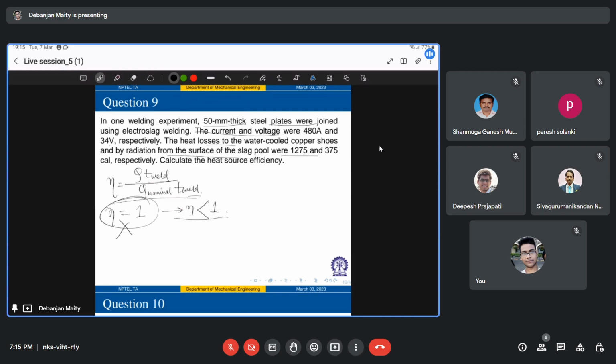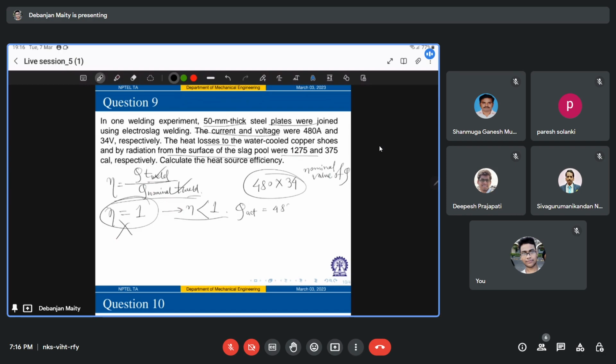So you have some losses provided as 1275 and 375 calorie, and so the nominal Q will be 480 into 34. This is my nominal value of Q, correct? And what will be the Q transferred or Q actual?